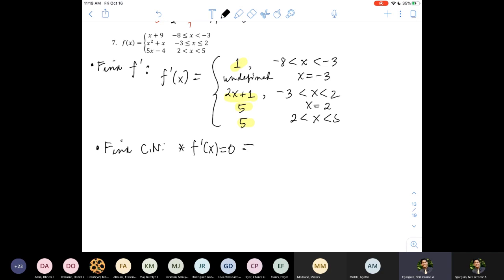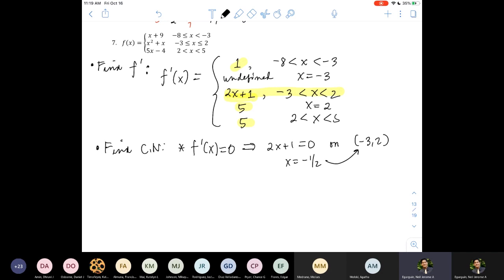So we'll have 2x plus 1 equal to 0, but we are looking for x's on the open interval -3 to 2, because 2x plus 1 only applies to x's between -3 and 2. Solving, I get x equals -1/2, which is on the given interval.